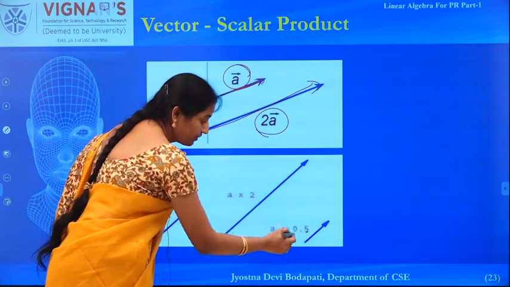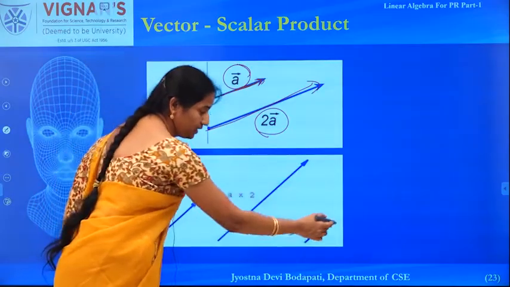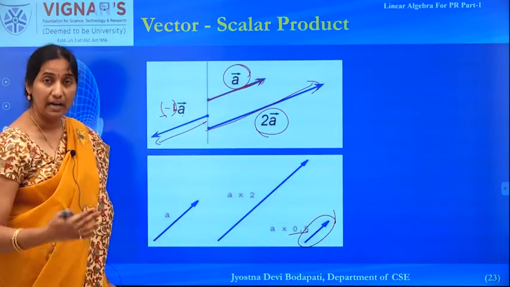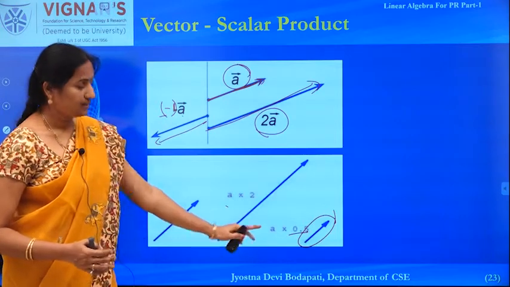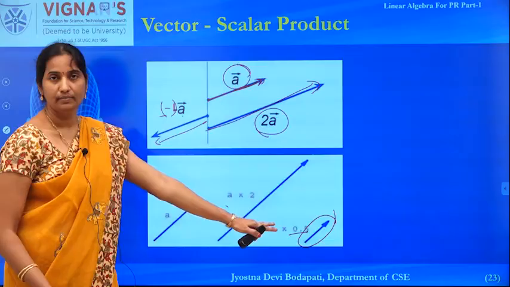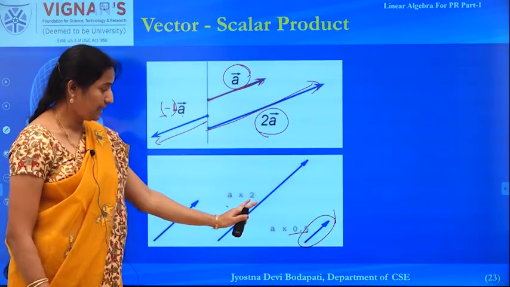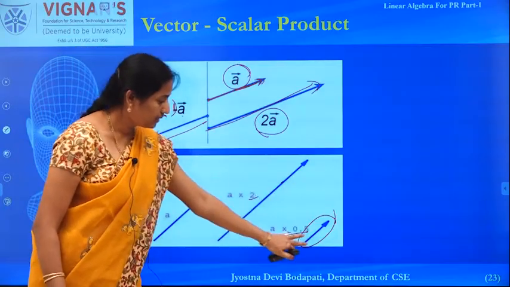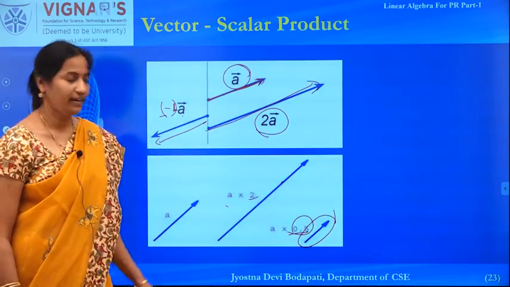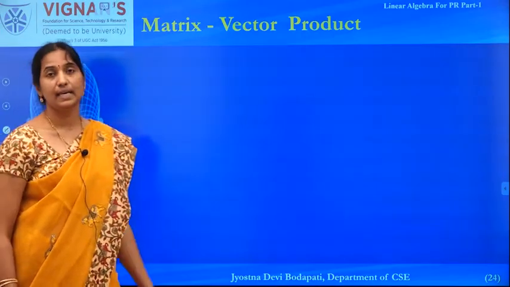If your scalar is 0.5, so A into 0.5, the magnitude of the vector is halved. In these two cases the scalar is positive, so the direction is not changed. Because the scalar is 2, the magnitude doubles, and when the scalar is 0.5, it is half of the original magnitude. That is how you can apply the scalar product.